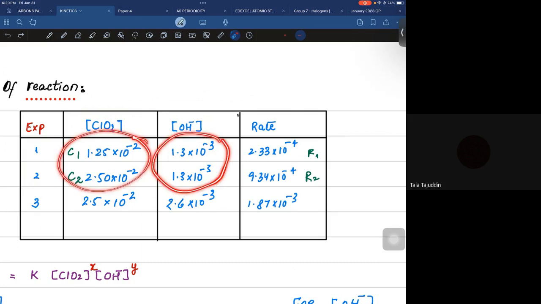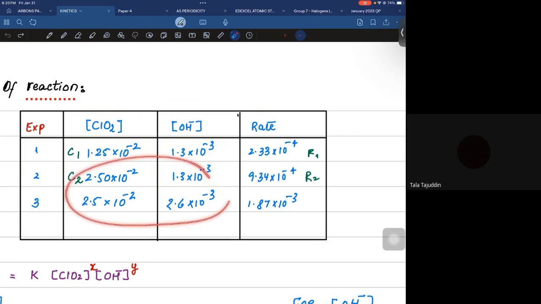So why should it not change? It must not change, because I want to study the effect of the change in concentration on the rate. If you select experiments in which both are changing, how can you study the effect?